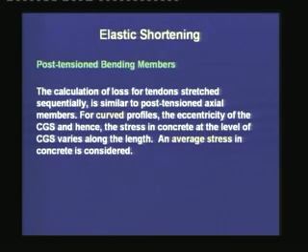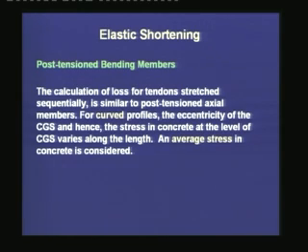For a post-tension bending member, the procedure is similar. Now, the calculation of loss for tendons stretched sequentially is similar to the axial members. For curved profiles, the eccentricity of the CGS and hence the stress in concrete at the level of the CGS varies along the length.